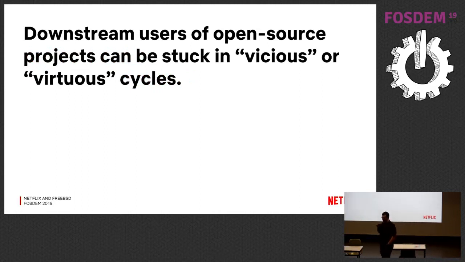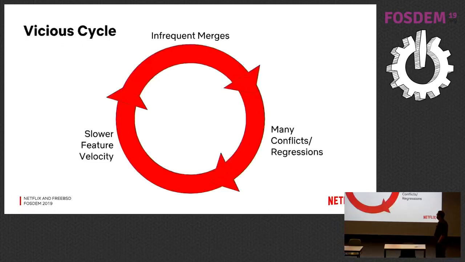My hypothesis is that downstream users of open source projects can get stuck in one of two cycles, which I've labeled vicious and virtuous. This is not entirely original thought, but I think you can easily get stuck in what I call the vicious cycle, which starts with infrequent merges.